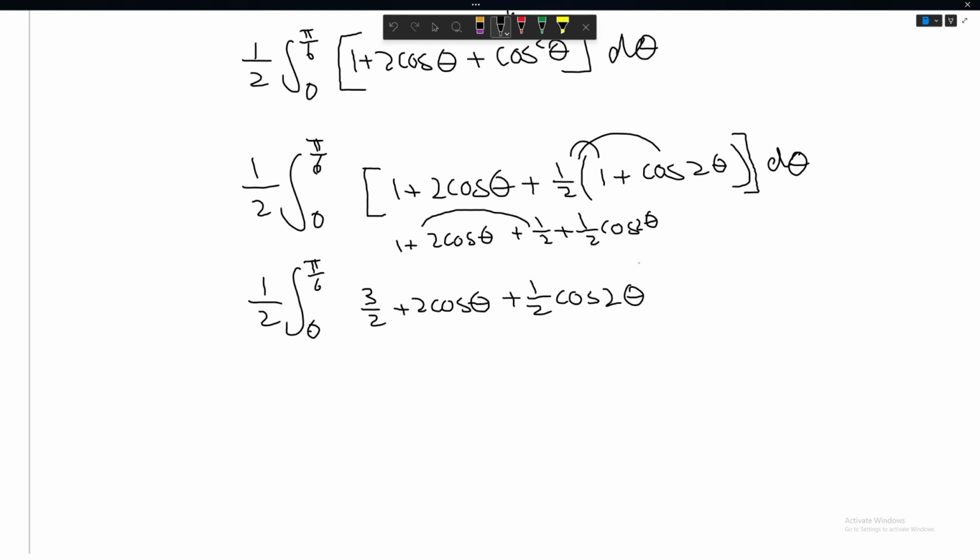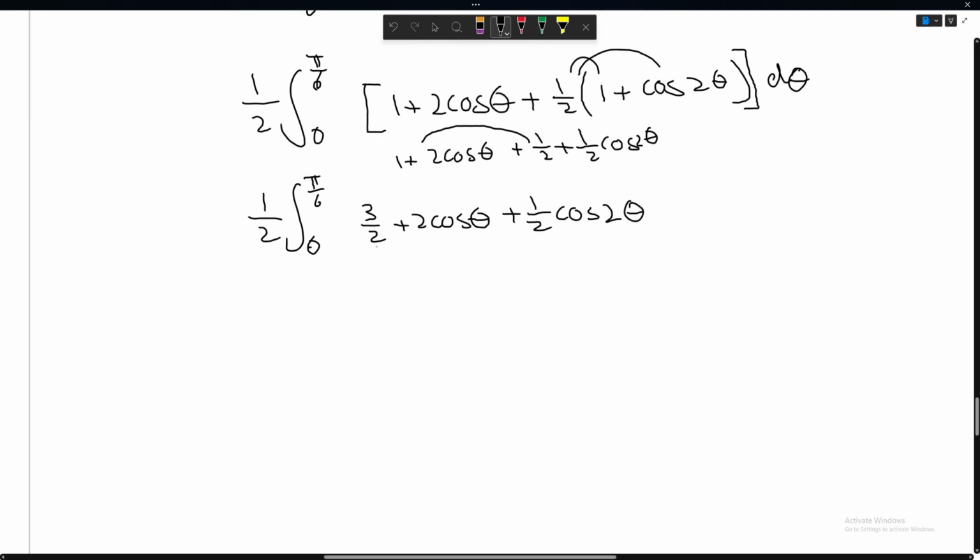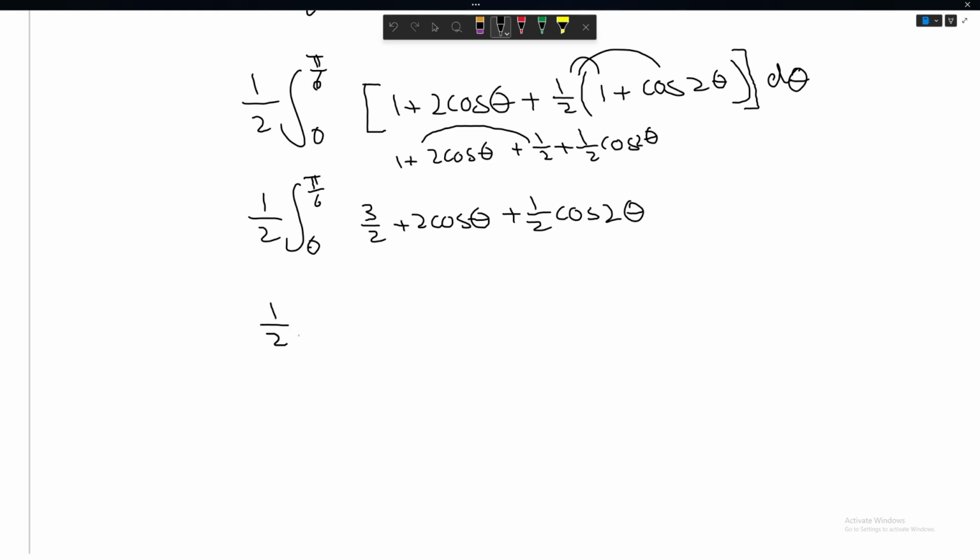Okay, now if I want to integrate this, I can integrate this up on their own. So 1 over 2, my 3 over 2, the integral of that is just theta, plus the integral of this is 2 sine theta, plus the integral of this. You can't really integrate this, so what I'll have to do is a u sub, unless there's a better way, which I can't think of one right now.